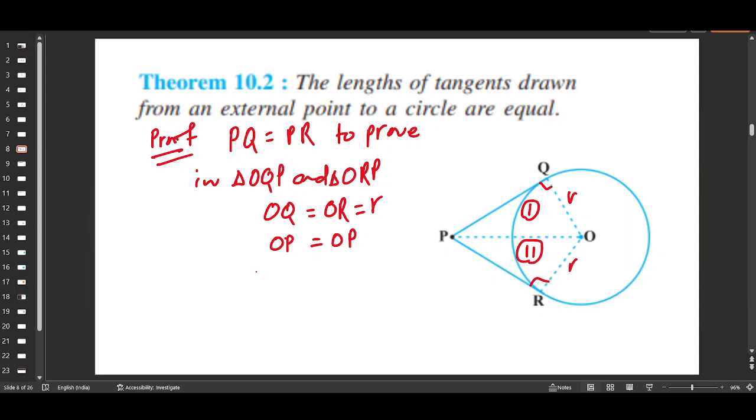Now this theorem is like CPCT. Clear? So according to CPCT, since 90 degrees is given here, we can say that triangle OQP is similar to triangle ORP.